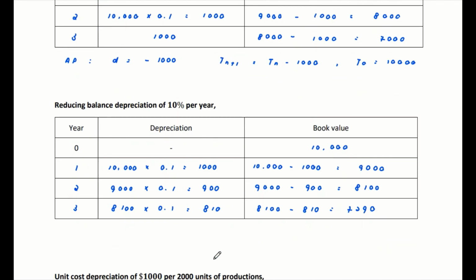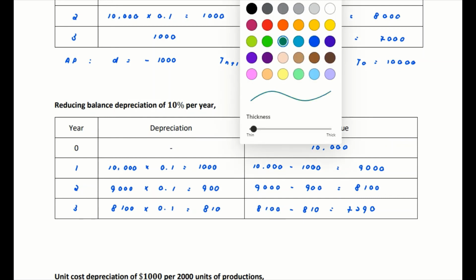In this case, you do not have a common difference anymore, because from here to here is 1,000, from here to here is 900, from here to here is 810. But you'll realize that you have a common ratio. Let me use another color; you can put this in your notes as well.